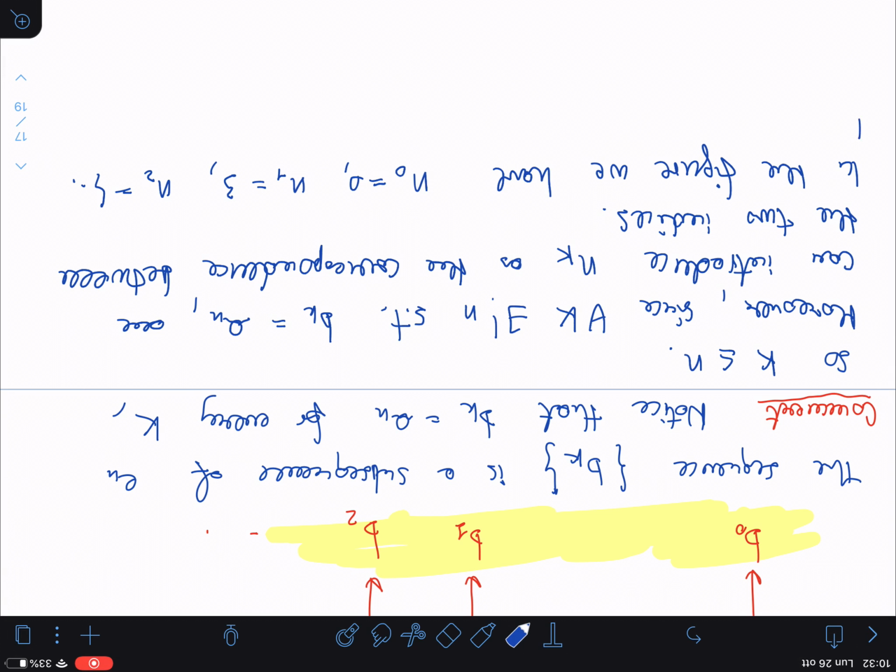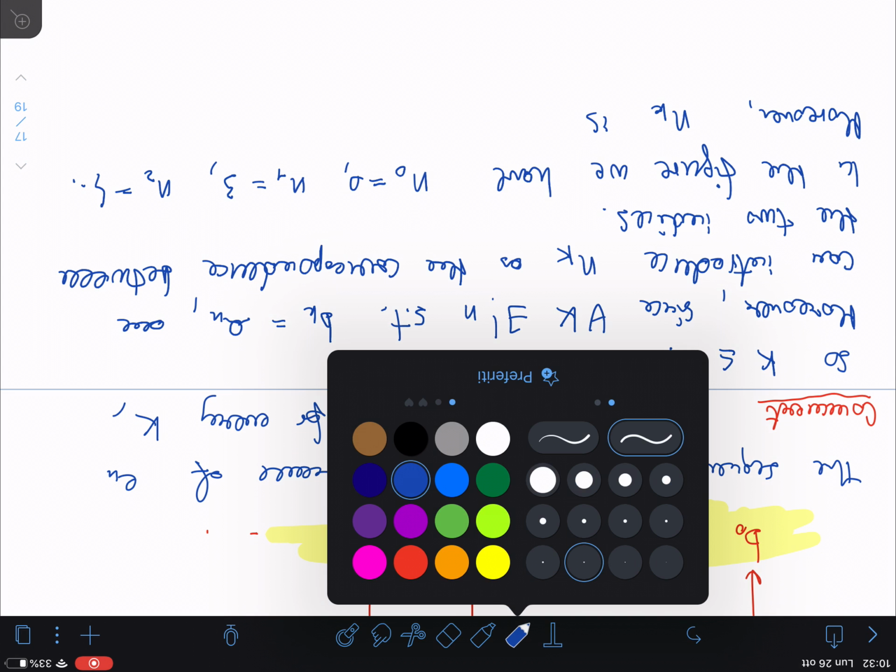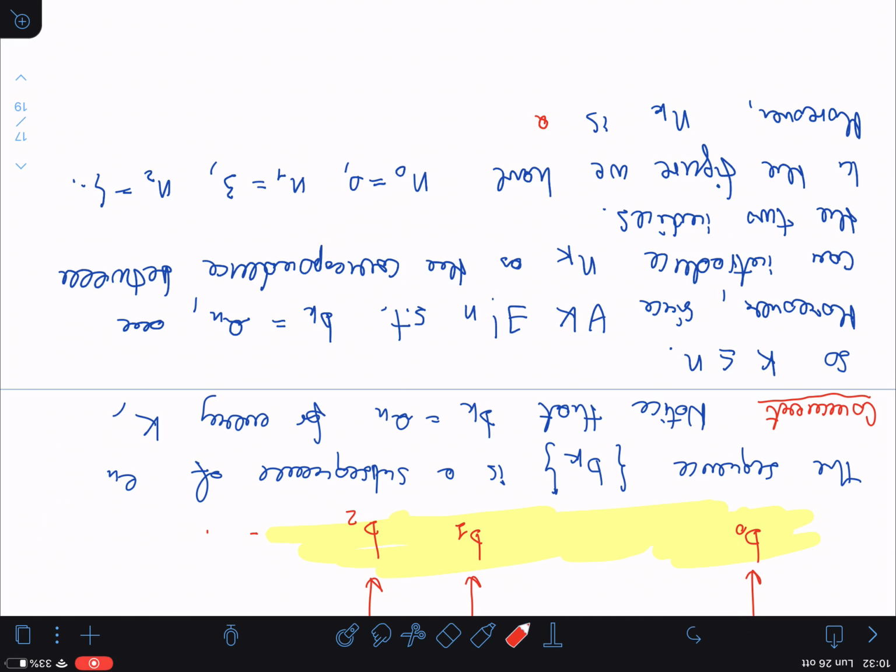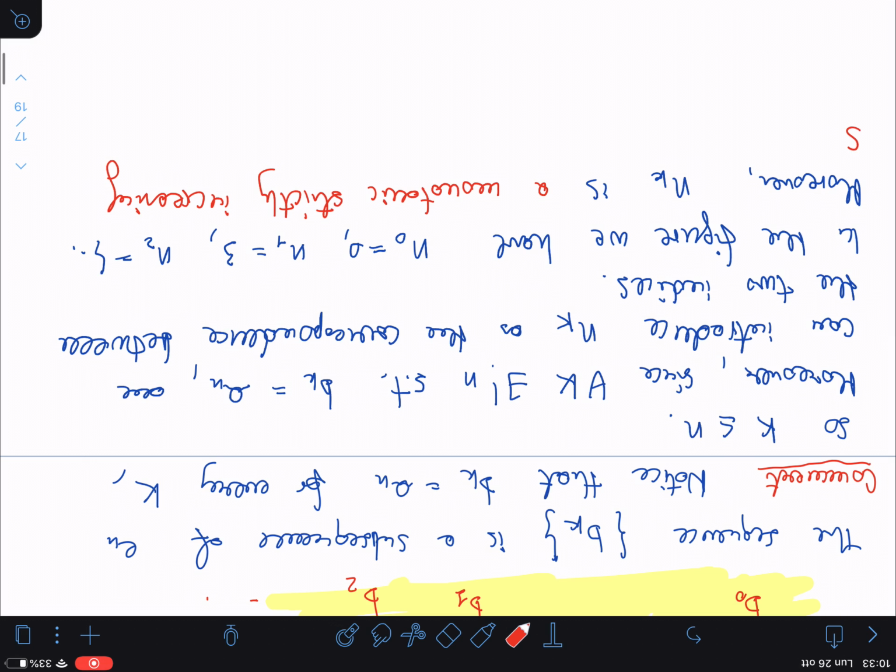Moreover, n_k, which is a sequence, is a monotonic, strictly increasing sequence with natural values.